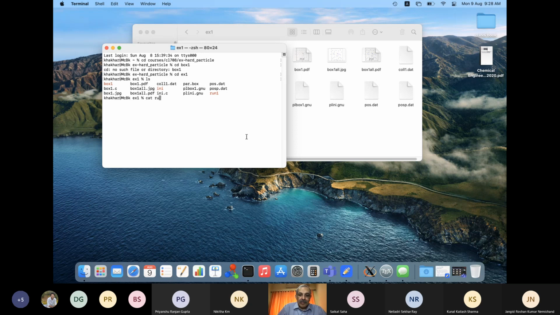So there's this small script. What it does, it removes all the data files. It compiles the initialization program. It compiles this program box, and then it runs box, and then it plots the positions. So this is called run one. So it'll just give you the first collision.